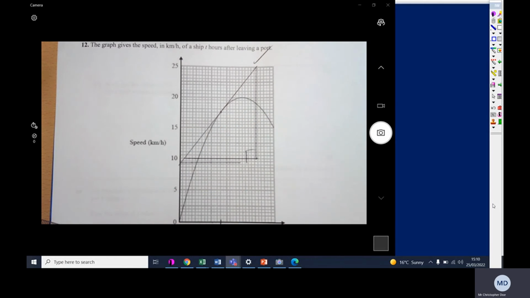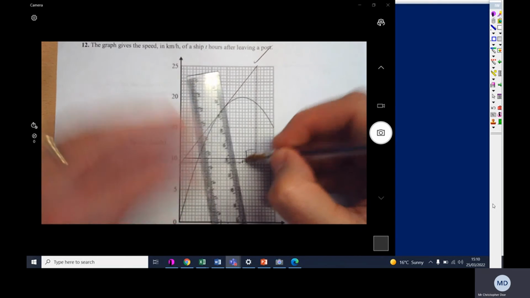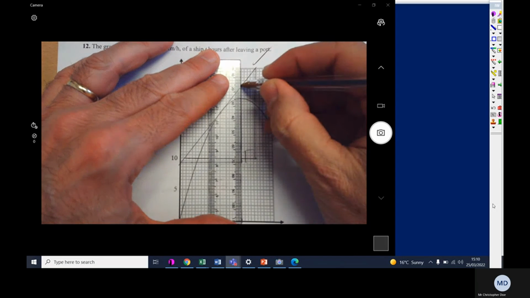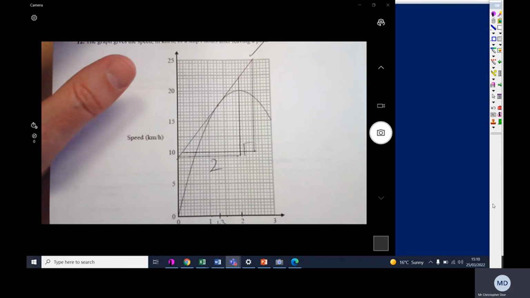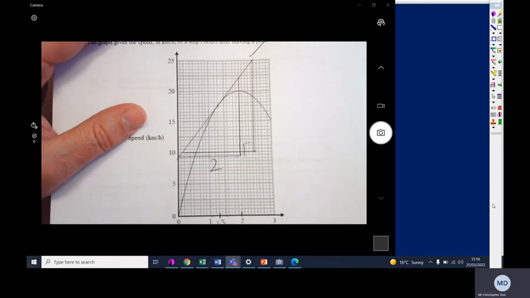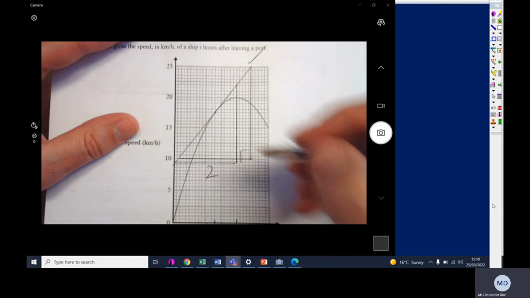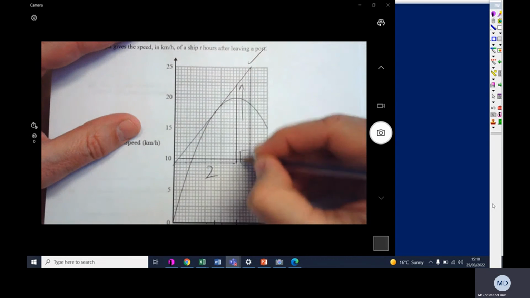Across 2 is there. Let's try that. So I'm going across 2. It's going to make it easy for me to divide across. Yes, across 2. And how much am I going to go up? I want to measure this distance here.